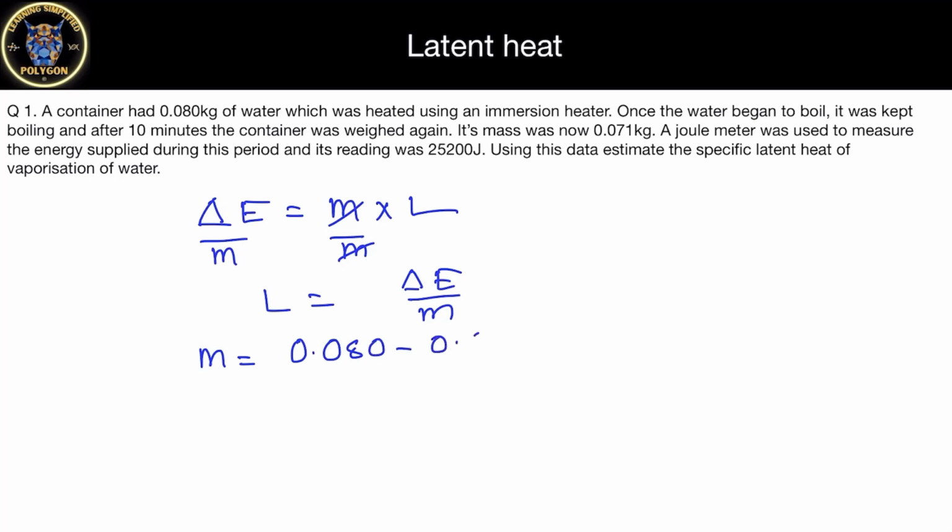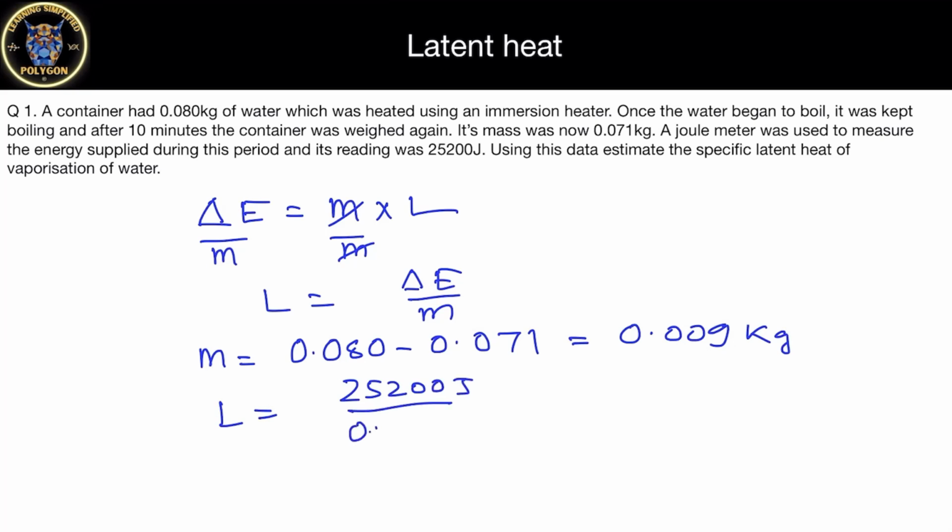We know we started with 0.08 kilos and the remaining water was 0.071 kilos. Now let's substitute these values in the formula. On calculating this, the value of L comes out to 2.8 million joules per kilogram, which is the specific latent heat of vaporization of water.